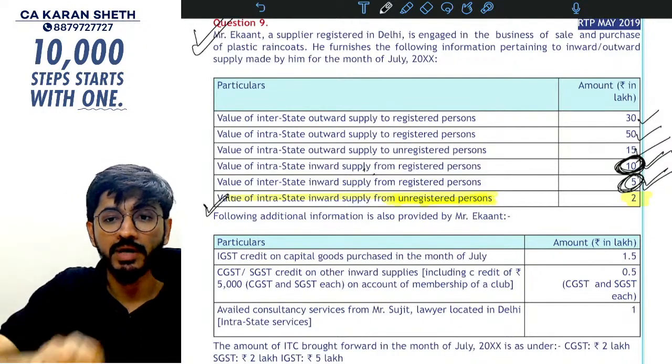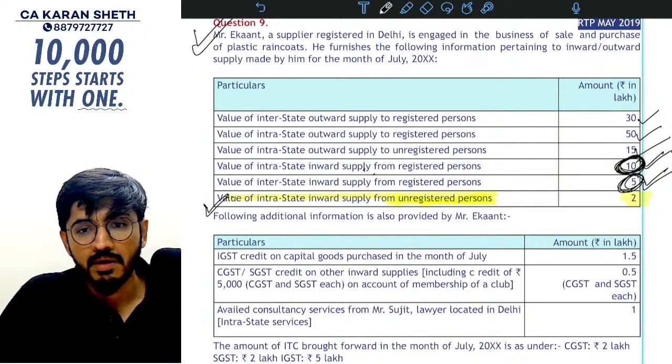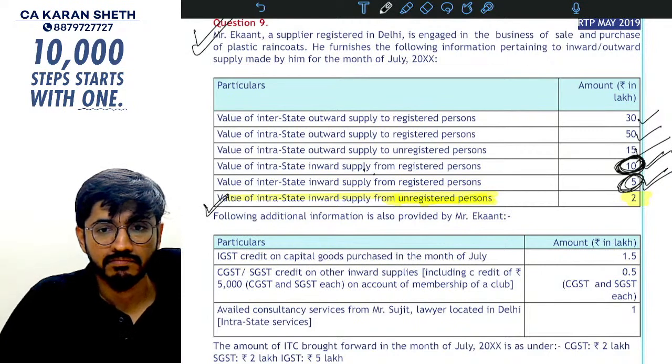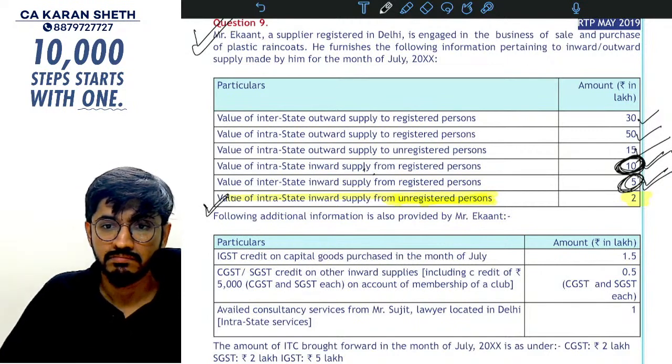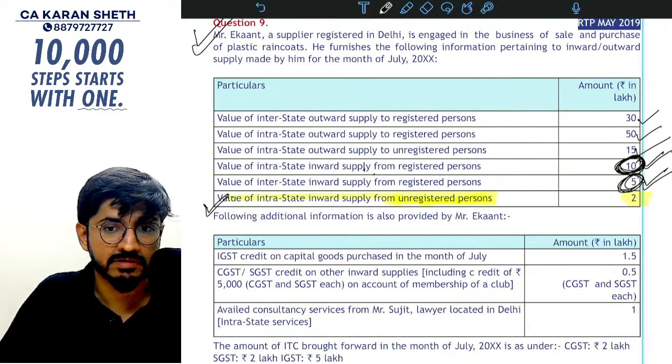First question is, will you get ITC or not? Tell me that first.